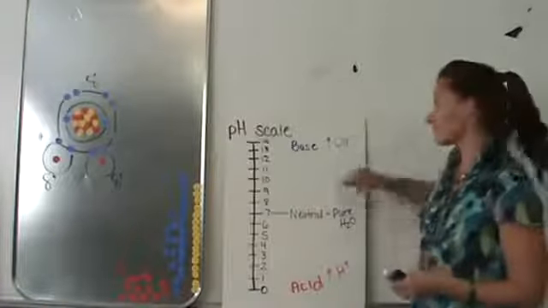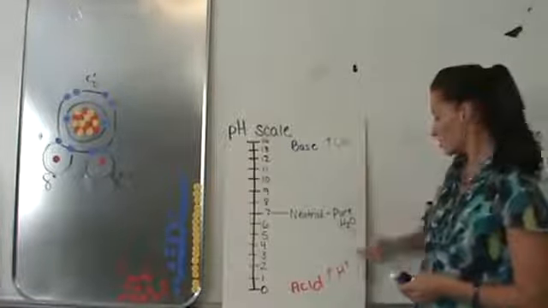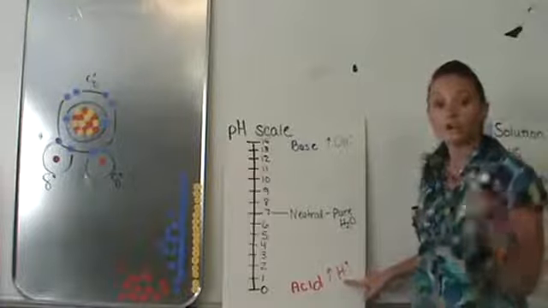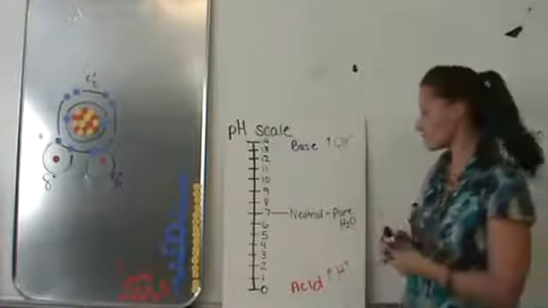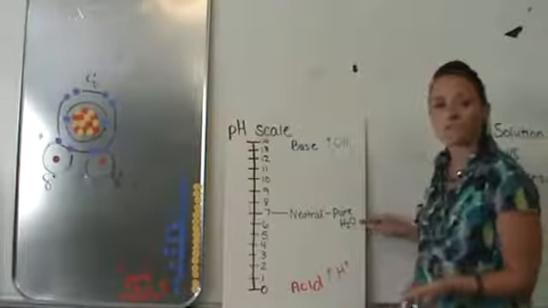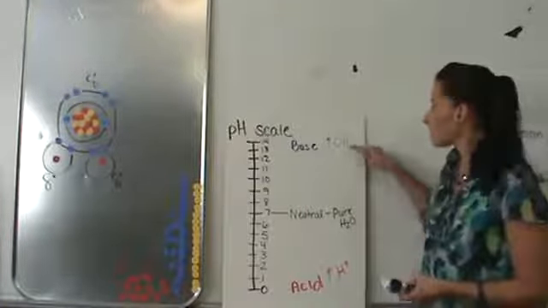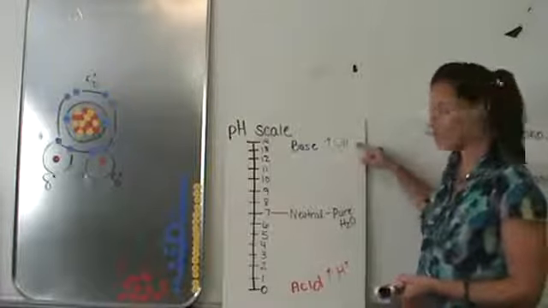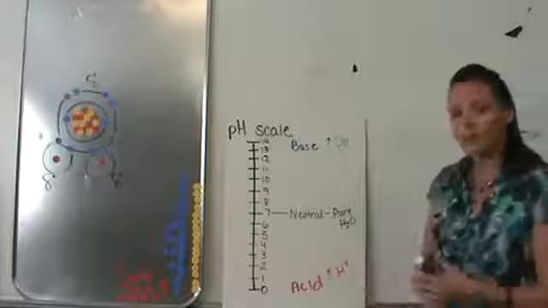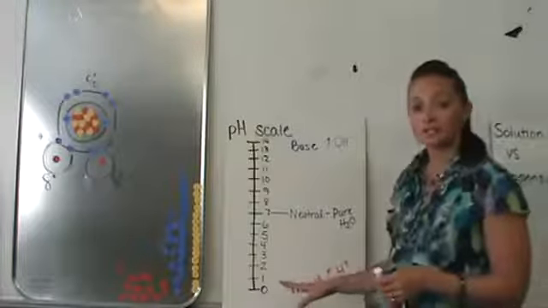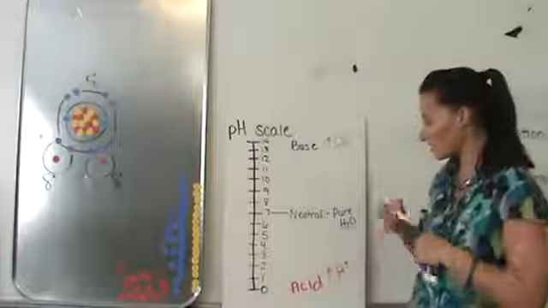Now, if you notice, if we mix the two together, OH plus H, we actually get water. So acids and bases are actually different parts of the water that have kind of split apart. Okay? So bases actually have more of the OH minus, and acids have more of the H plus in them. The further away from neutral that you get, the higher the acidity.